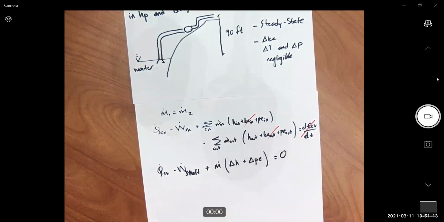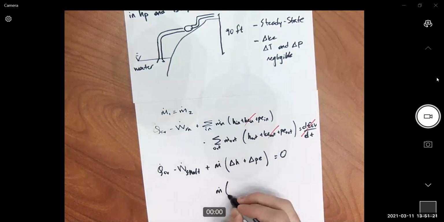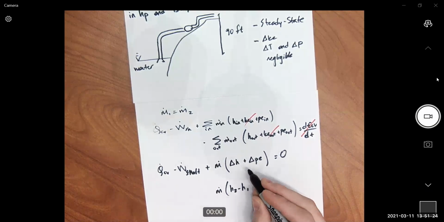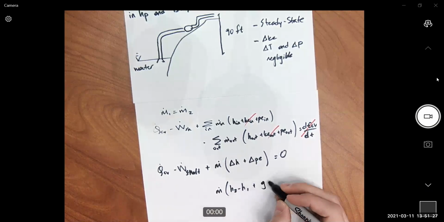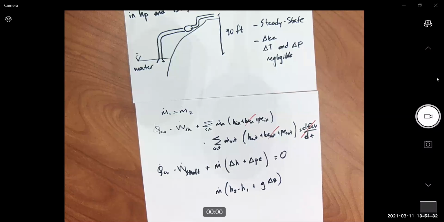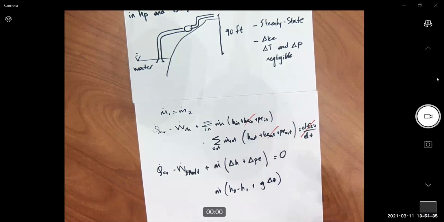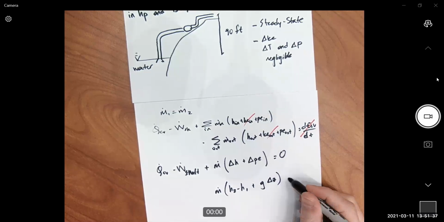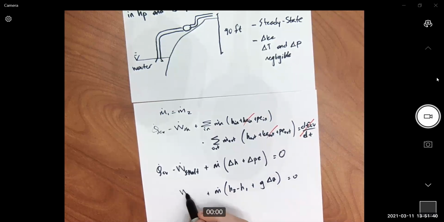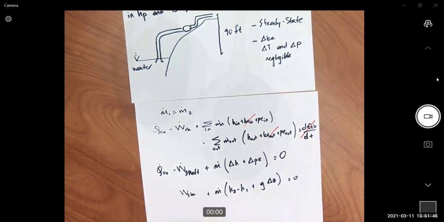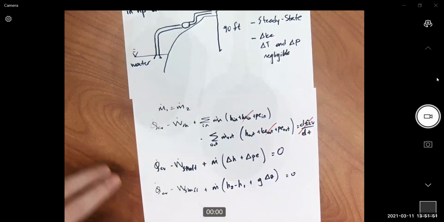This is m times (h2 minus h1) plus g times delta z, z2 minus z1, where z is elevation and I know the delta z, it's in feet, plus work shaft, control volume.